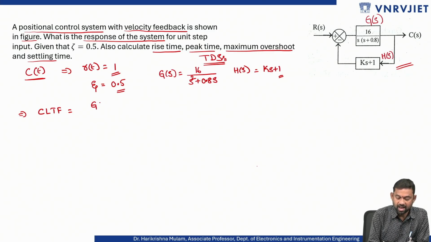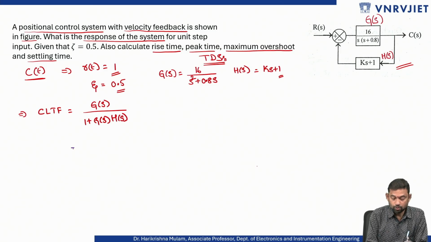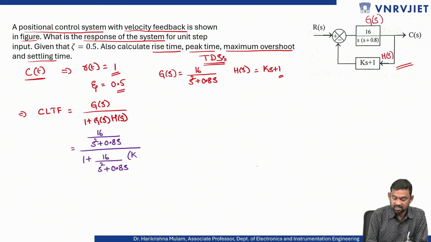It is given as G of S by 1 plus G of S H of S. Therefore, closed loop transfer function is G of S, that is 16 by S square plus 0.8S, whole divided by 1 plus G of S, which is 16 by S square plus 0.8S, into H of S, which is KS plus 1.